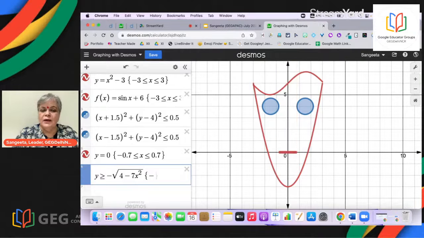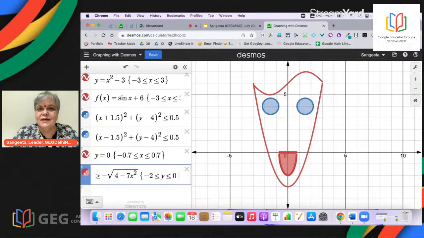So I'm going to put -2 less than or equal to y and less than or equal to 0. That's it. And you get, well, not a really pretty face, but that's the kind of idea that hopefully you are getting, and you can appreciate how much effort and how much thinking students are putting in to create such beautiful artwork.